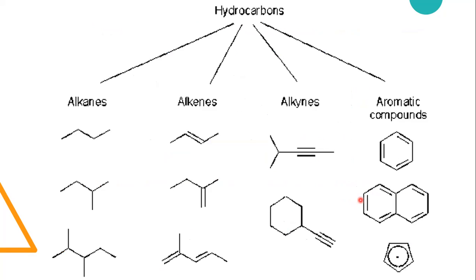So these hydrocarbons, the alkanes, alkenes, alkynes, and the aromatic compounds, are just a few of the functional groups that can be found in nature and have complex applications in our lives. In the earlier slide, there was the octane rating of petroleum.